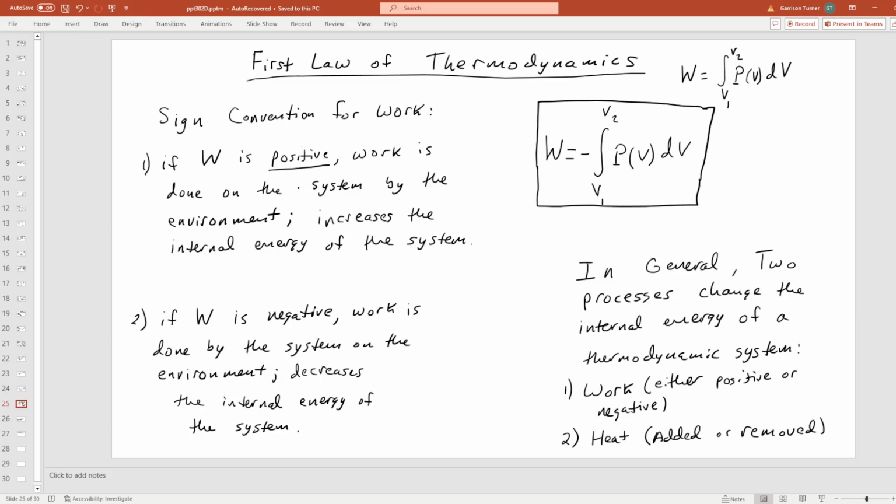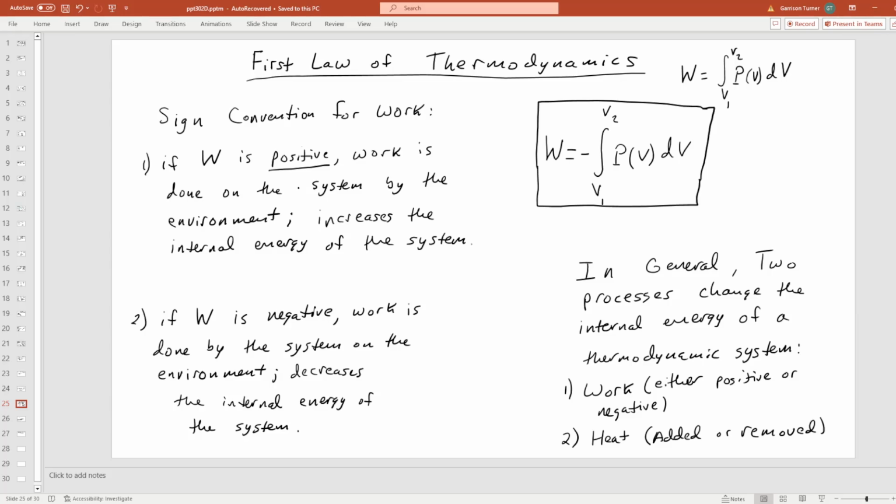It will cause an increase in the agitation of the molecules. They have a smaller amount of space to move around in, and because I'm not changing the amount of molecules, there's less space for an individual molecule to move before it collides and so forth. So the total internal energy of the system is going to increase.